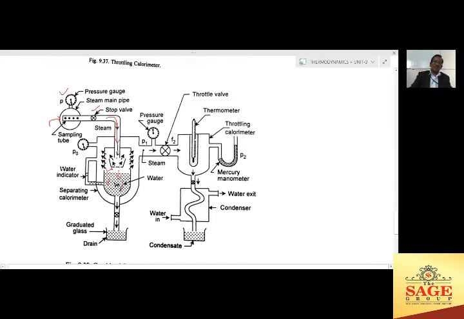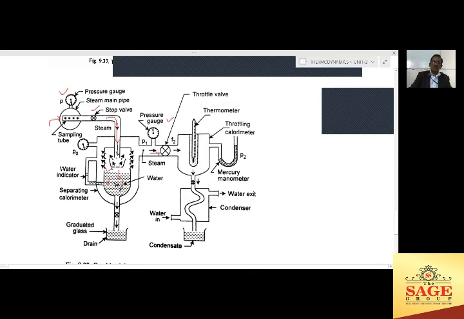Now this steam, the dry vapor, after passing through this, will pass through the throttling calorimeter. Before passing to the throttling calorimeter, we are using a pressure gauge here, so we can measure the pressure. And this steam, after being separated in the separating calorimeter, will pass through this throttle valve.